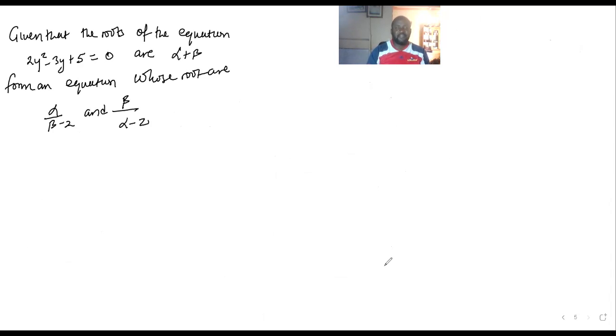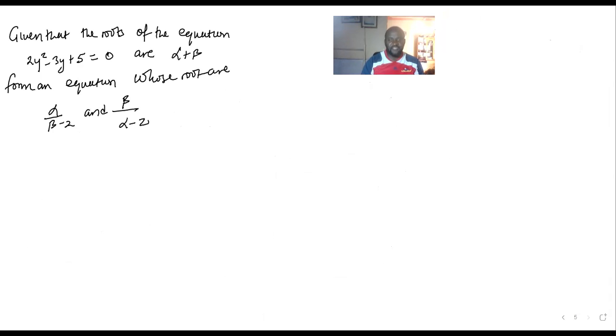Okay, guys, look at this number. Very interesting. The roots which have been given are a little bit ambiguous. The equation itself is in terms of y, and you are used to x. It has a coefficient. The beginning should be y squared minus 3 over 2 y plus 5 over 2 is equal to 0.